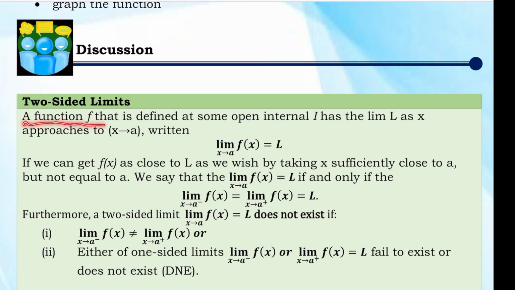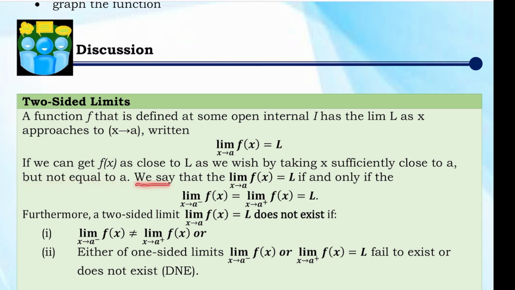A function f that is defined at some open interval I has the limit L as x approaches a, written as the limit of f of x where x approaches a is equal to L, if we can get f of x as close to L as we wish by taking x sufficiently close to a but not equal to a.